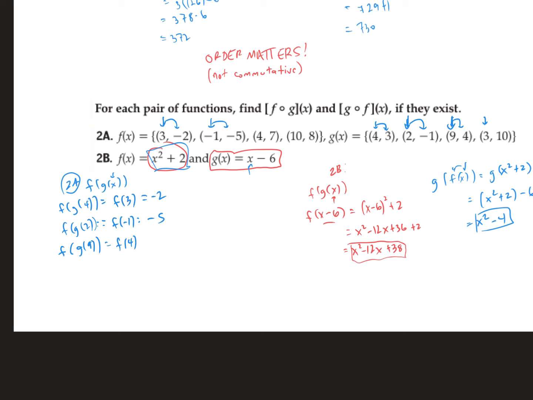Come over to f, look for 4, and f of 4 is 7. And now I'm going to do 3. g of 3 is 10. Come over to f, find 10, and f of 10 is 8.